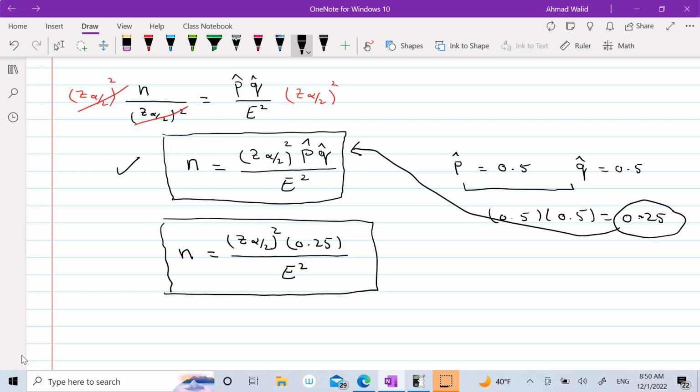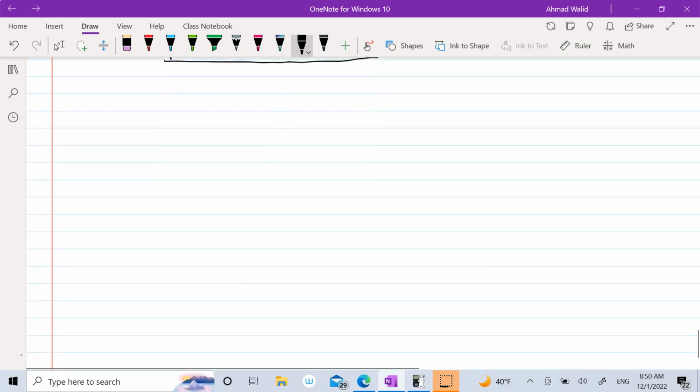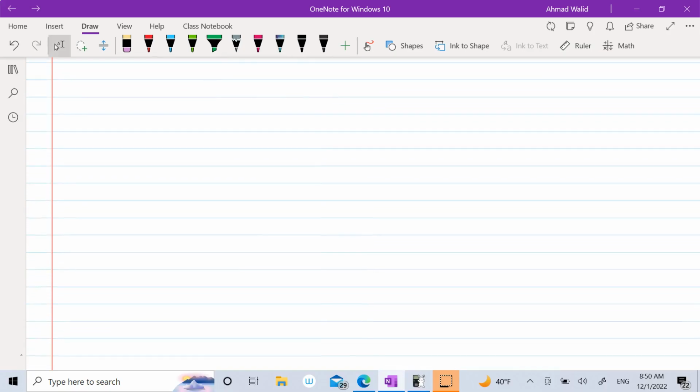If you have the P hat, use the first one to find the sample size. If you don't have the P hat, then use this one, right? I will do two examples for you, using both formulas to show how to use them. Example number one.